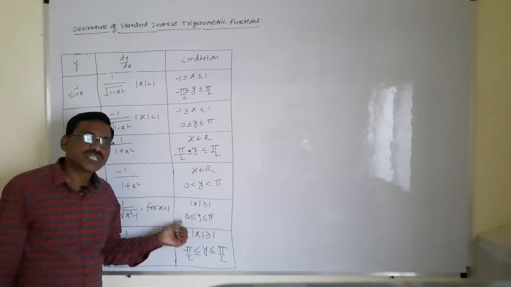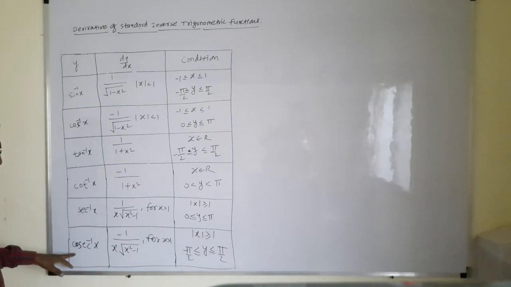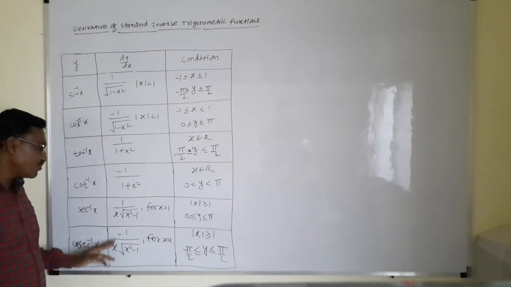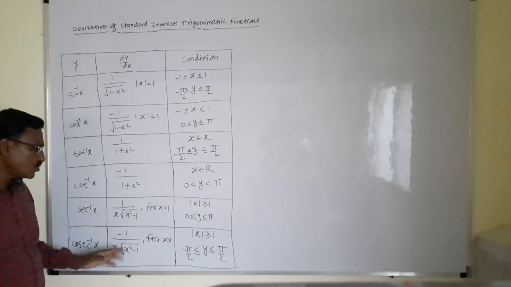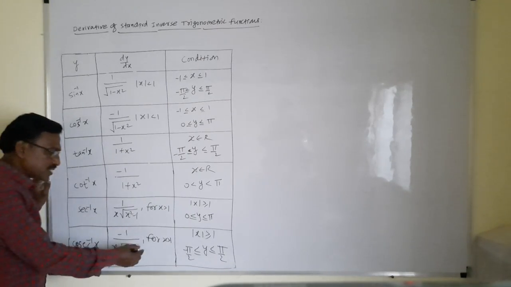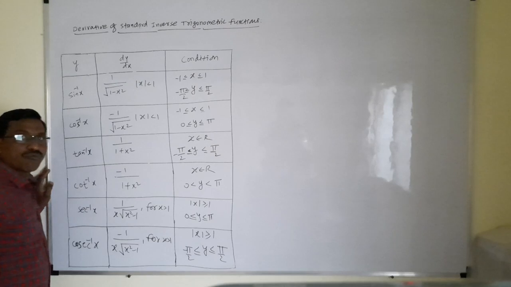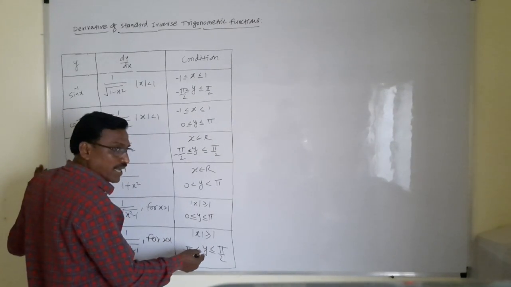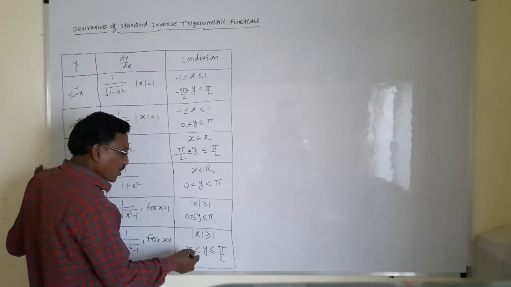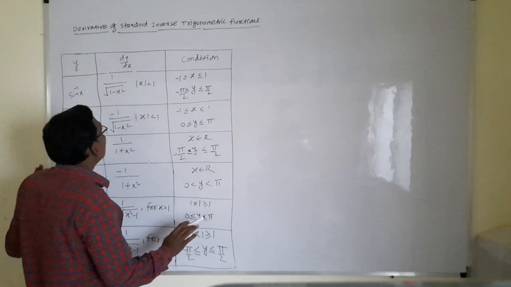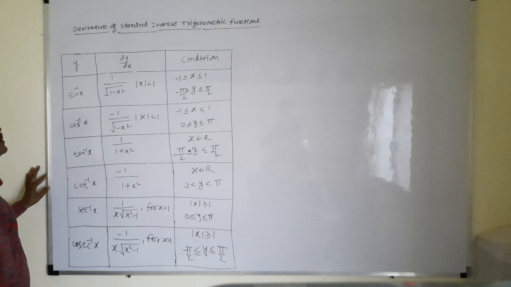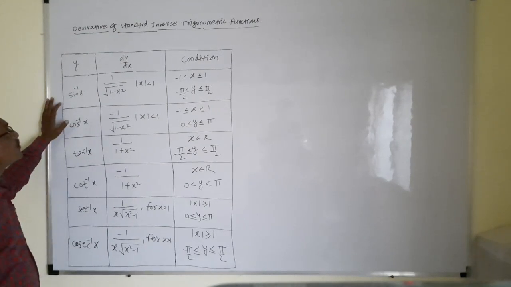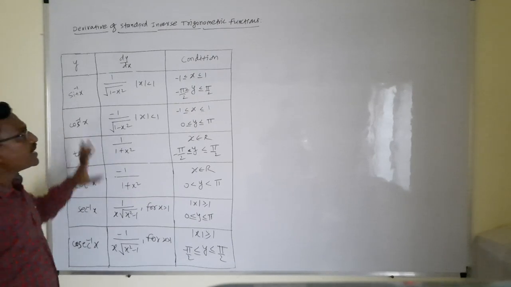And the last, cosec inverse x: its derivative is minus 1 upon x into root of x square minus 1 for x greater than 1, with modulus of x greater than or equal to 1 and y between minus pi by 2 and pi by 2. In this way, these are the 6 inverse trigonometric functions and their derivatives.